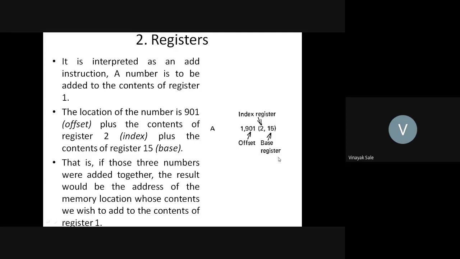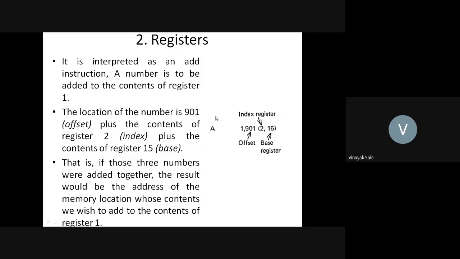In this example, operation code offset is 1901. Then here 2 is index register and 15 is a base register. So here a number is to be added to the contents of register.